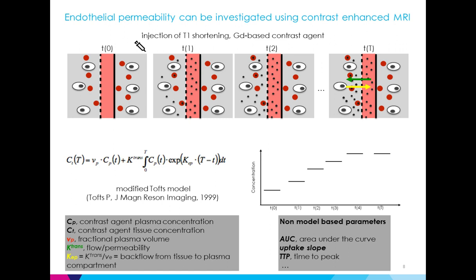So this kind of curve can be analyzed using modeling-based approaches, which is somewhat what I described before, but also non-model-based parameters such as the area under the curve, for example. The uptake slope would entail taking the slope, for example, from here to here, or the time to reach peak concentration.